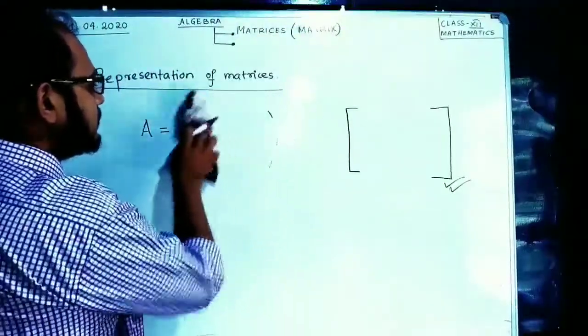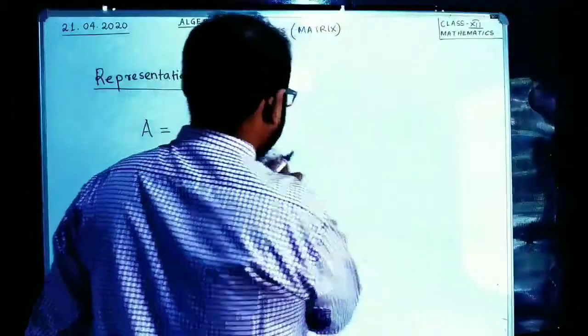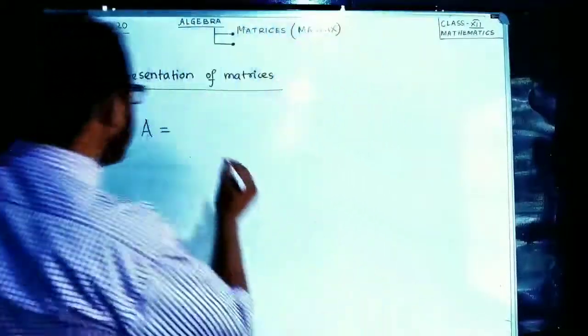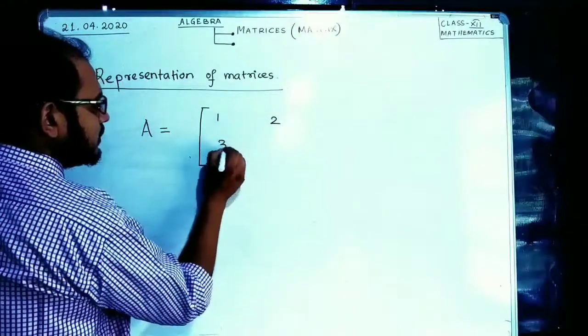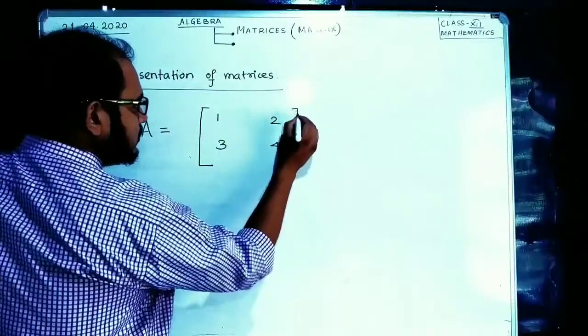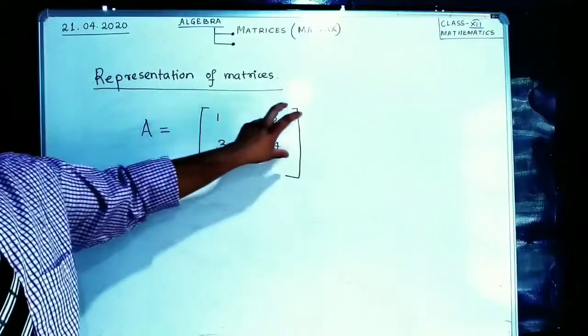Okay, so let us say we make a matrix consisting of some numbers. Let us say this is a matrix A: 1, 2, 3, 4. So within this representation we have some numbers in an orderly fashion.